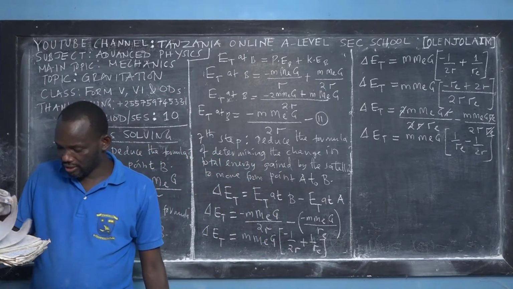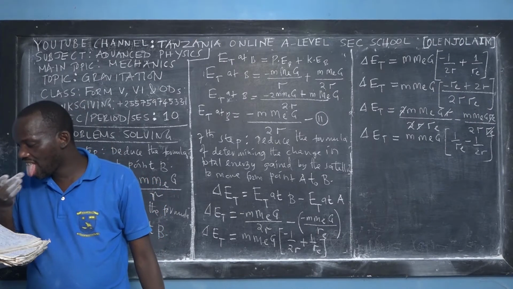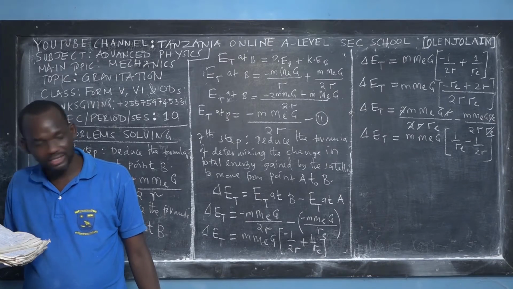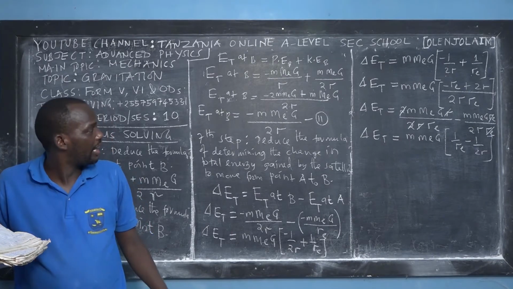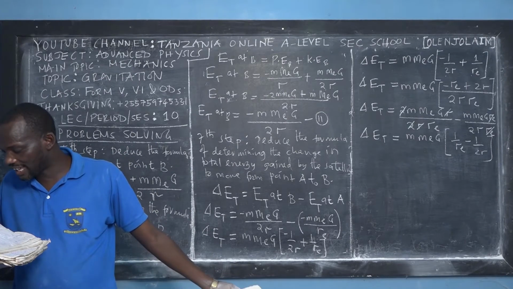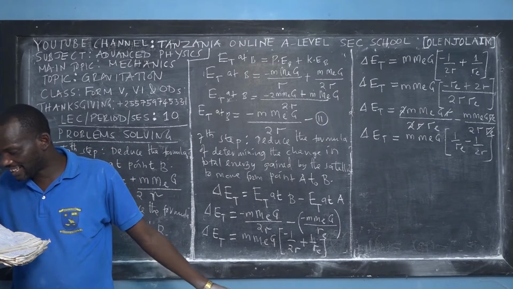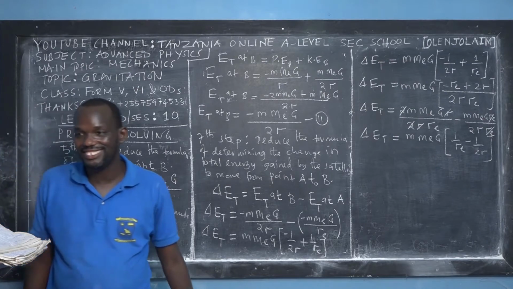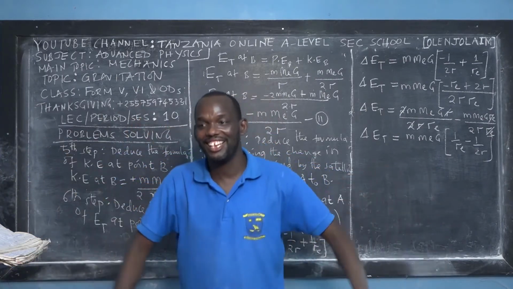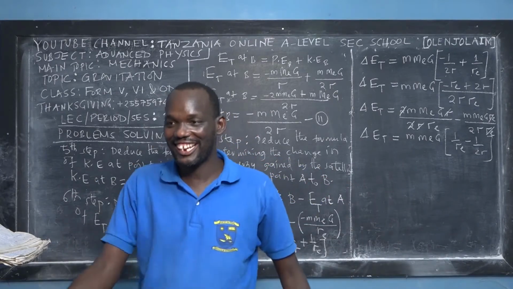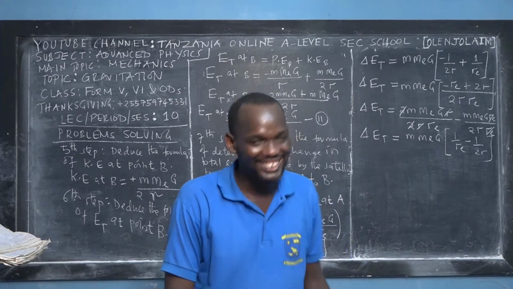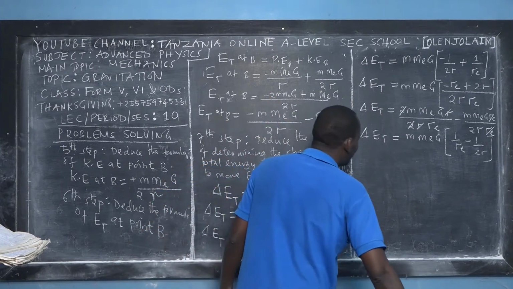Also, we are not given the mass of the S, so that is not the suitable formula. What are we given? I have summarized it in the data given: the radius R of the S, the acceleration due to gravity, and the mass of the satellite, which is 1,000 kilograms. So let us enjoy the beauty of physics, right?